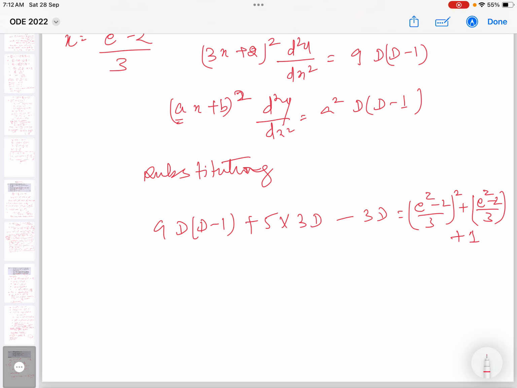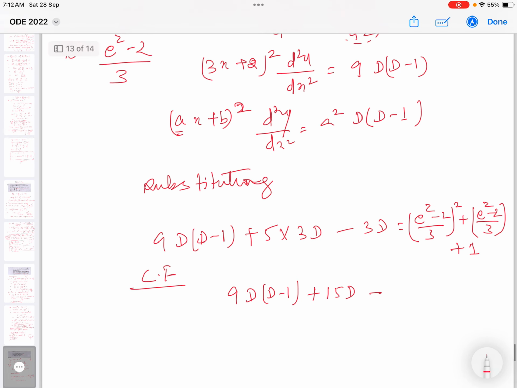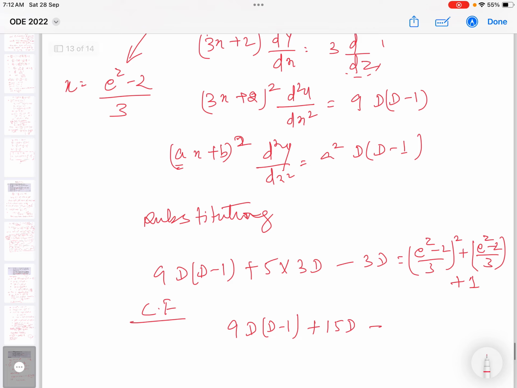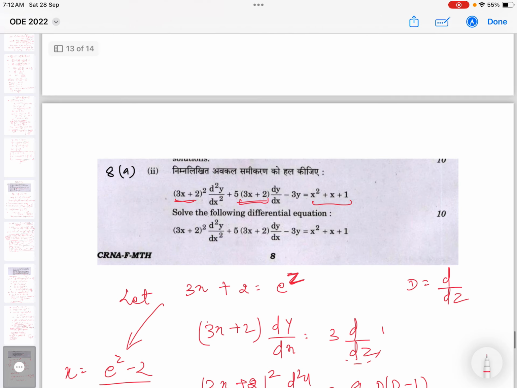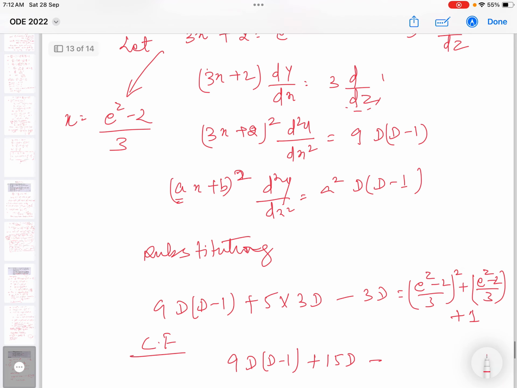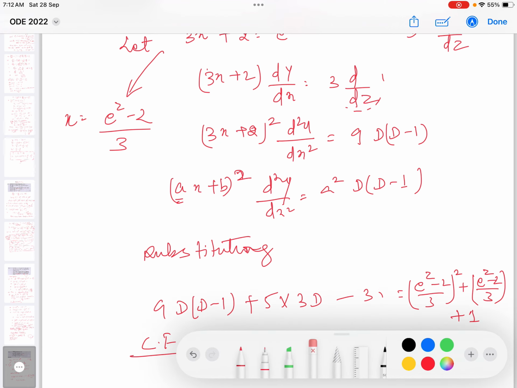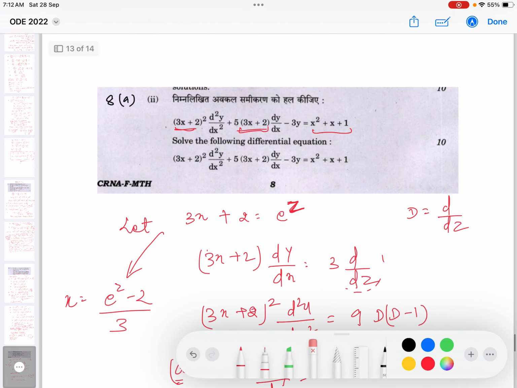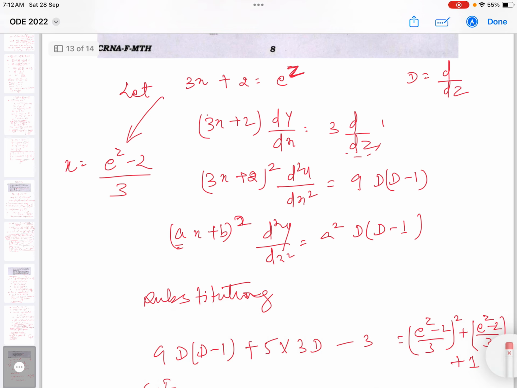finding the particular solution. So in order to find the complementary function, what we do is make this equation homogeneous. Oh, sorry, this will not be d. There is no differentiation here, so it will be just y.